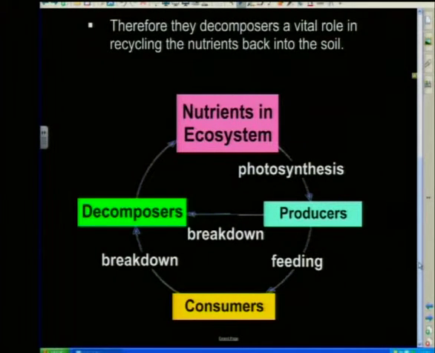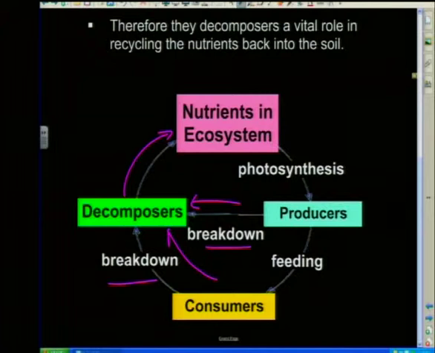Also the consumers would be broken down. We can see that the consumers and the producers both are broken down or decayed via the decomposers, and those inorganic nutrients then return back into the soil to replenish the soil with its nutritional needs.